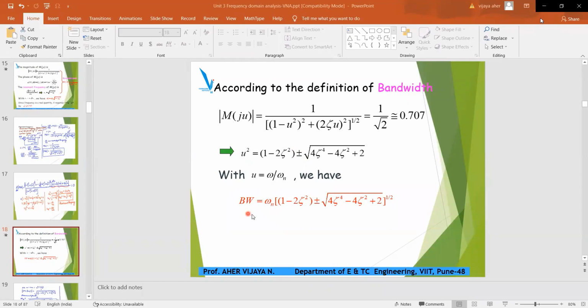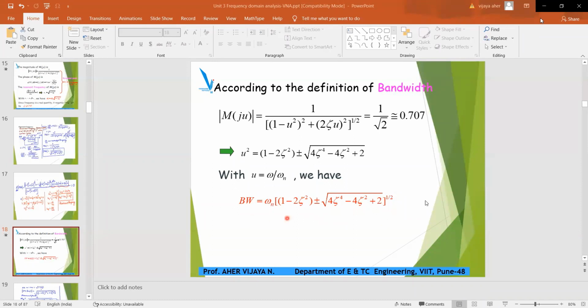So you can write the equation of bandwidth in terms of omega n: omega n into bracket, under root of 1 minus 2 zeta square, bracket complete, plus or minus under root of 4 zeta raised to 4 minus 4 zeta square plus 2, bracket complete.